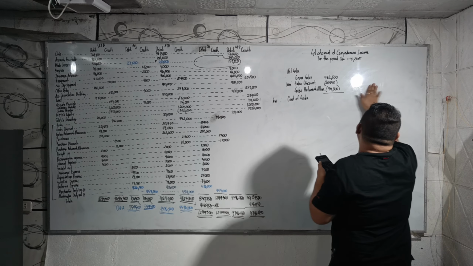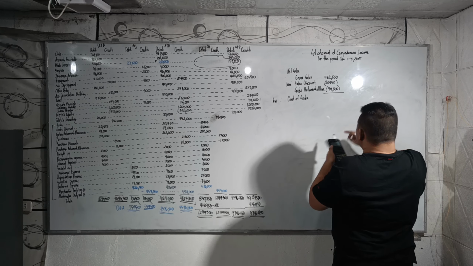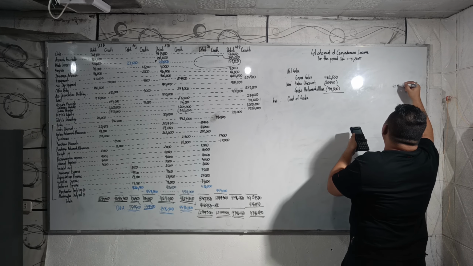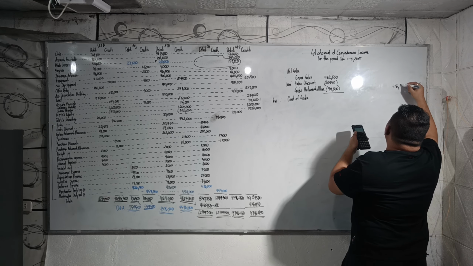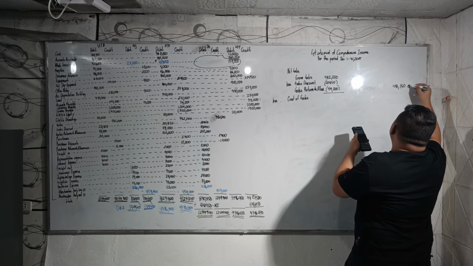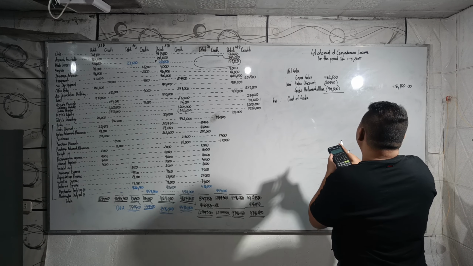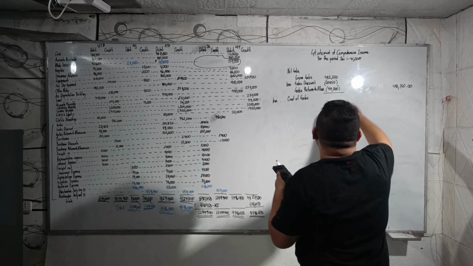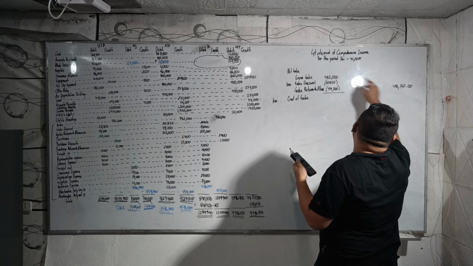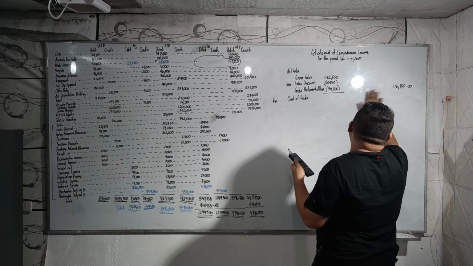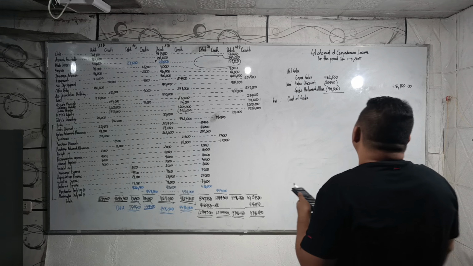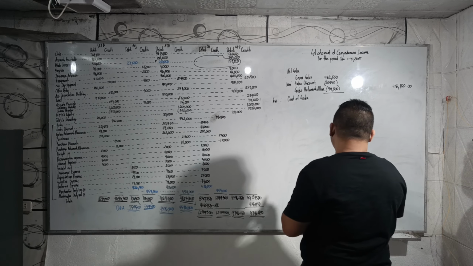Maybe we put this a little further. 718,150. So what I'm doing is the indentation style wherein the summary of this will be indented. That means that's the sum instead of putting it right here. So let's have the cost of sales.